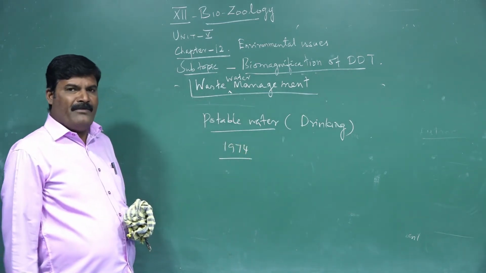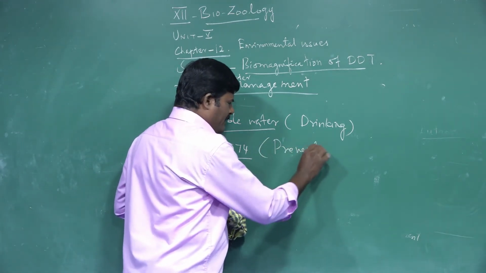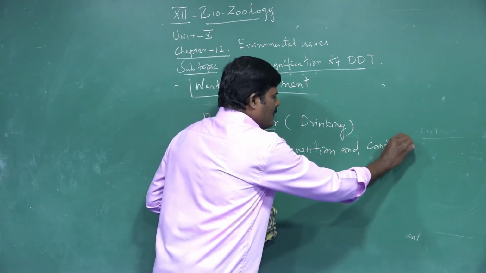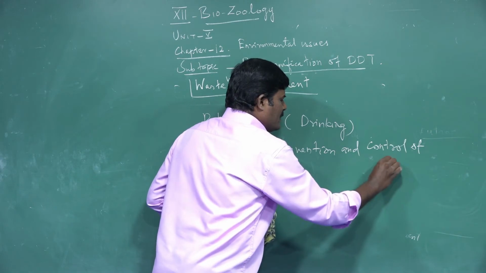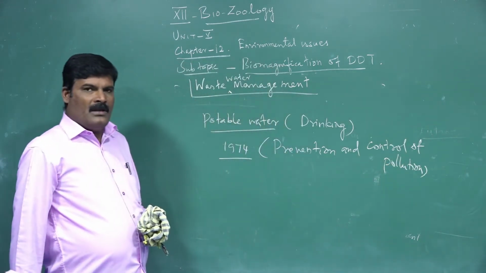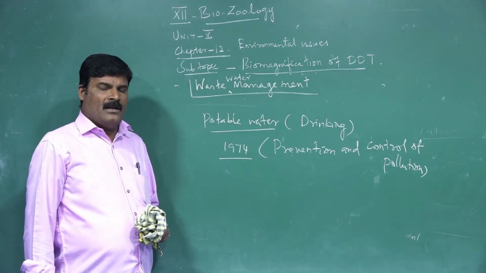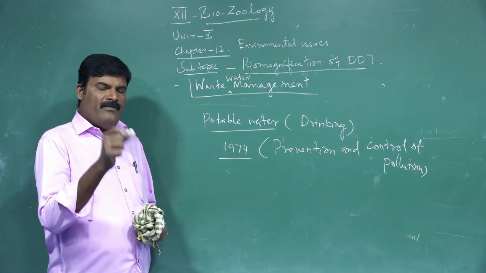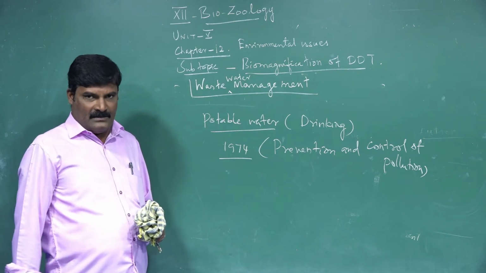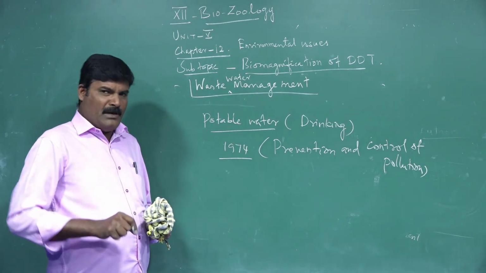This act is for the prevention and control of pollution. In 1974, it was made mandatory, compulsory, that all wastewater be treated in wastewater treatment plants.